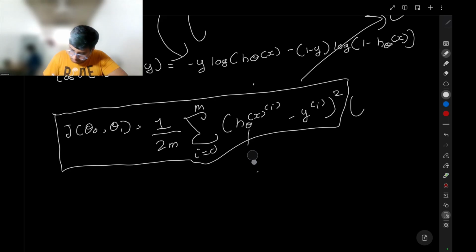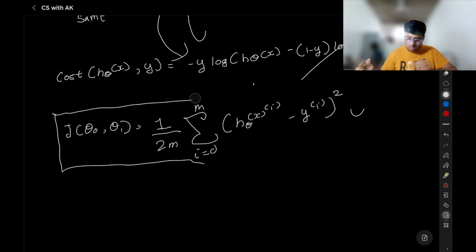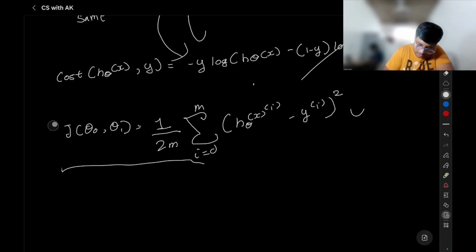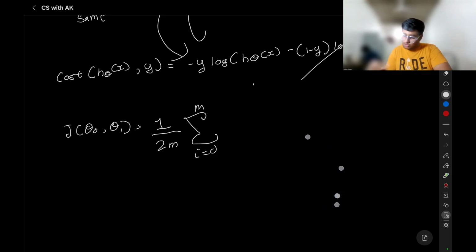Now let's erase this, remove this box and this function. Sorry for that jingle. What we are going to do is take the minus common and put it outside.